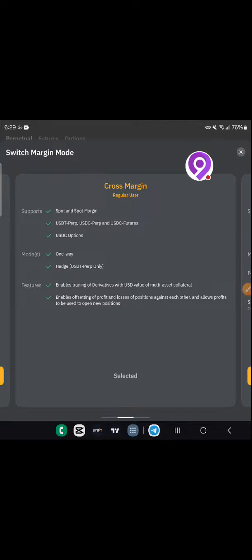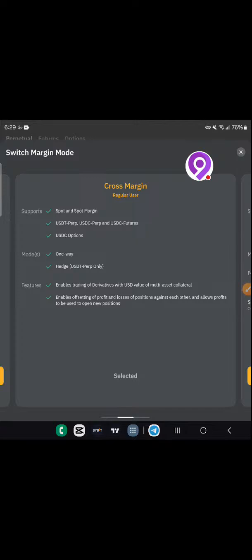Most of my students usually ask me, which is the best? Is it isolated or cross margin? As for me, I usually tell you guys to try as much as you can to practice with both. Then you know what works for you.